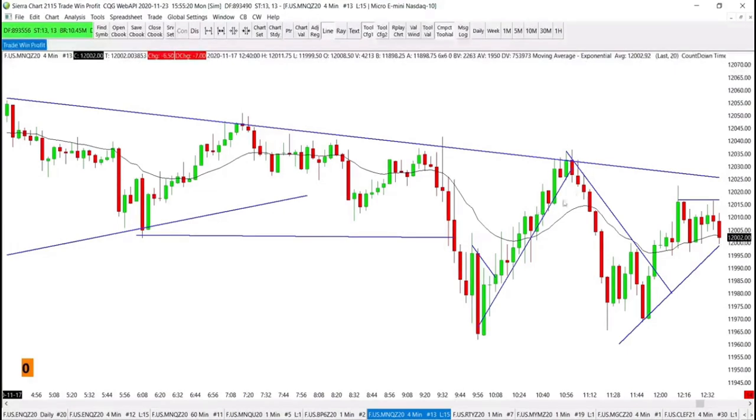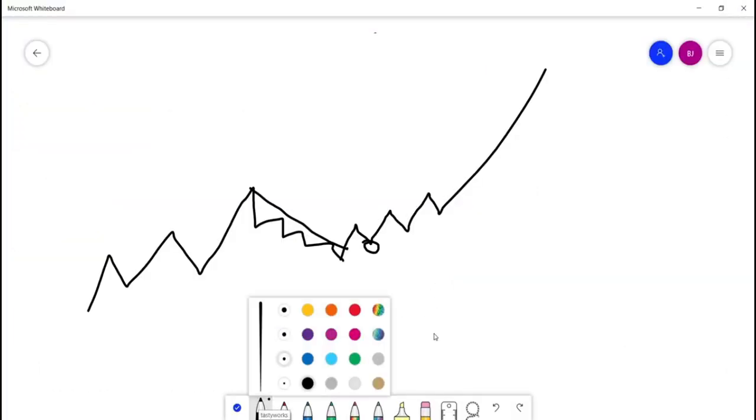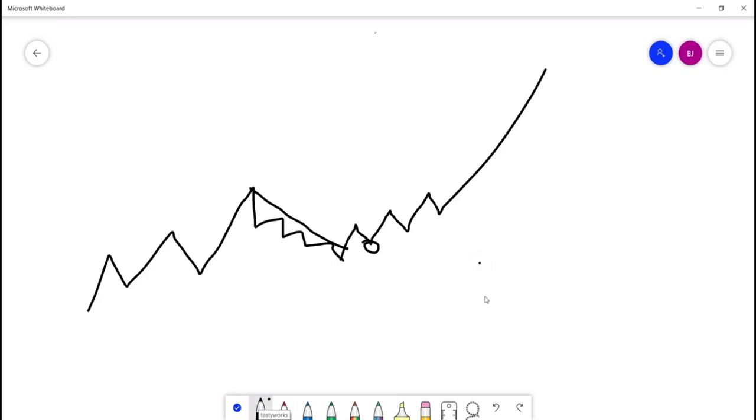So if we have one connection, and what do I mean by one connection? It would be better if, let's say the market is going down, and it pulls back, it goes down, comes back and it goes down again. It gives us 2 connections. So we got 1 and 2.